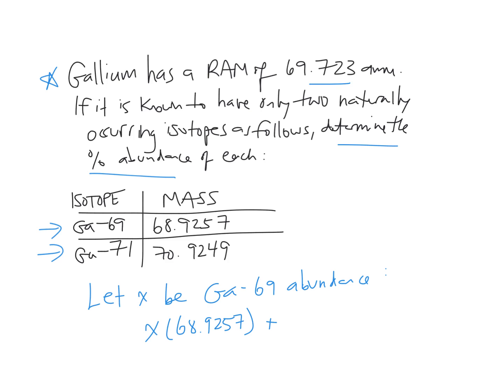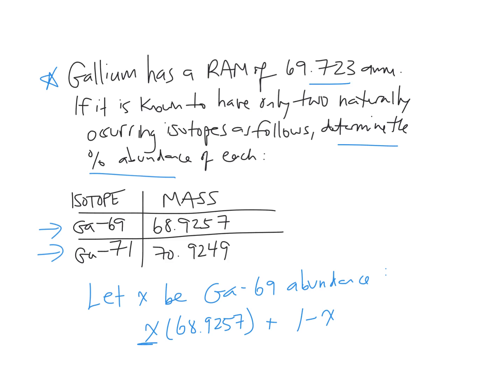We're going to add the abundance of gallium-71 to that. If we express those percentages as decimals, the remaining isotope after X is allotted to the gallium-69 is going to be 1 minus X, because X plus the other has to equal the whole thing, one whole 100%.